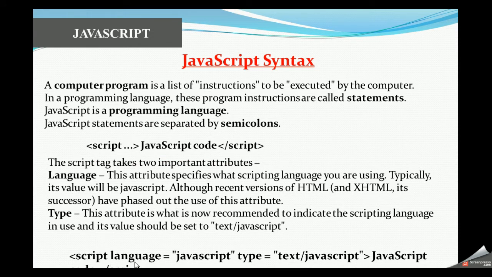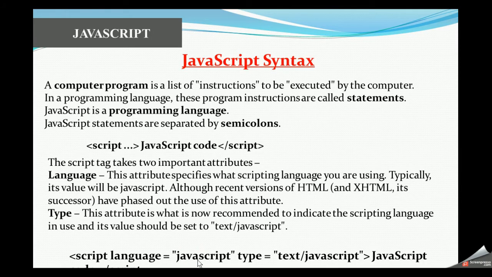You can see script language equals JavaScript, and type equals text/javascript, and you can place your content over here. So script is a tag, and it is using two attributes: language, which is JavaScript, and type, which is text/javascript.